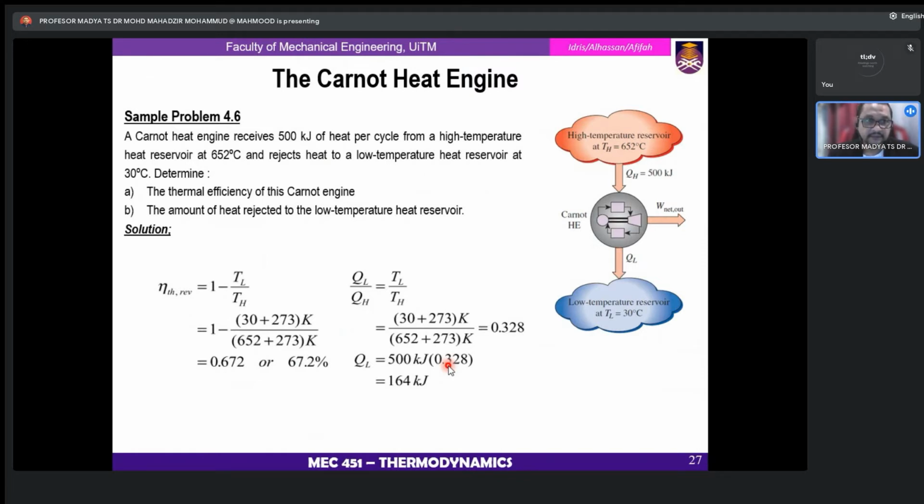Determine the thermal efficiency of the Carnot engine, and the amount of heat rejected to the low temperature reservoir.